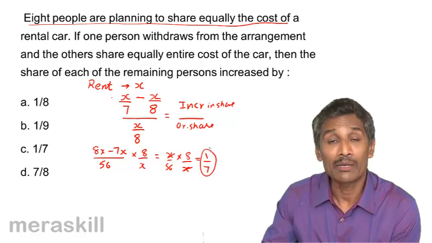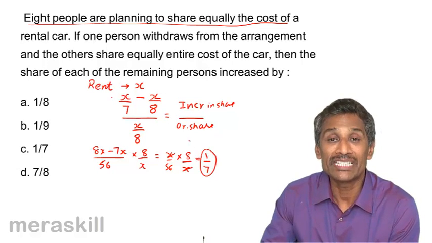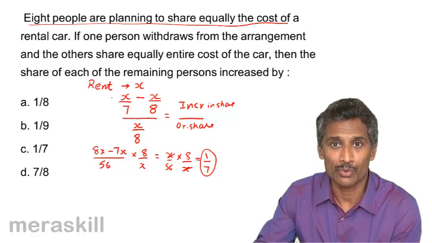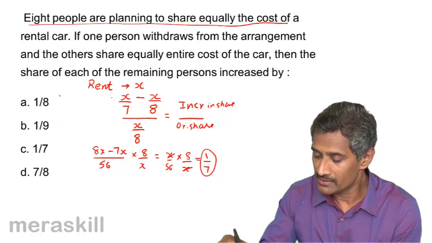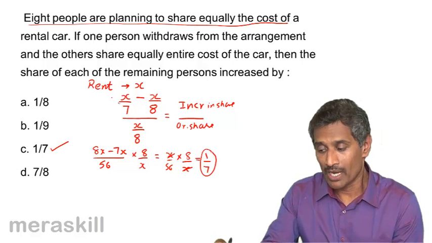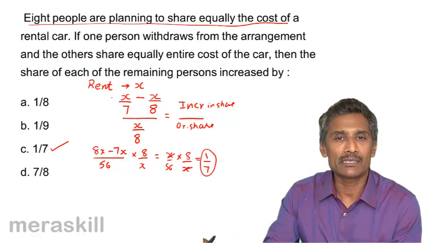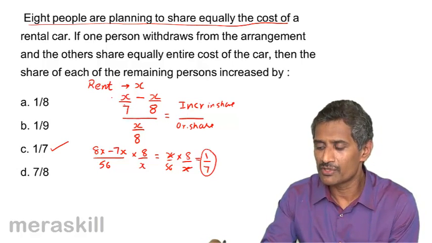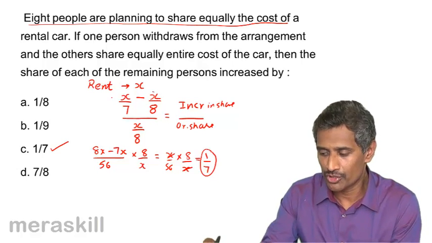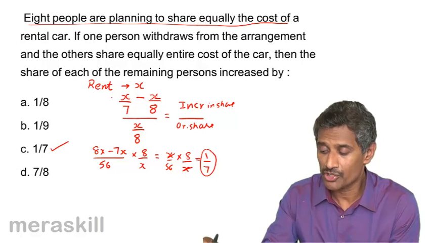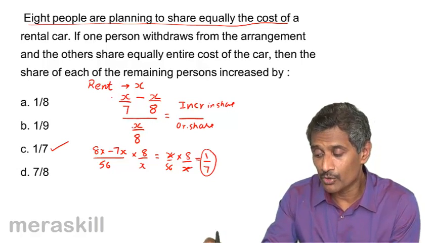So each person's cost increases by 1 by 7 times as it was earlier. Let's see among these options. The option is going to be 1 by 7. So I repeat the simple formula. It's like calculating percentage increase. It's the new share, which is going to be more, minus the original share, divided by the original share.